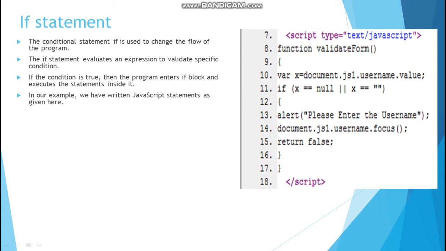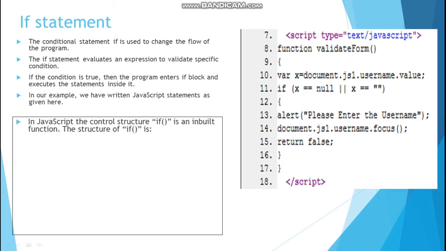Then the document.js1.username.focus statement is given. Focus is here a ready-made, inbuilt function. It takes the cursor to the username text box, and then at last return false is given. It means it will not submit the form. So in JavaScript, the control structure if is an inbuilt function.